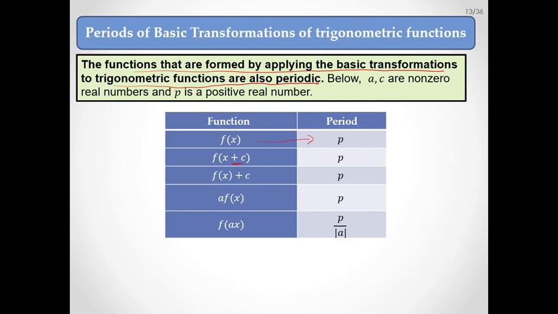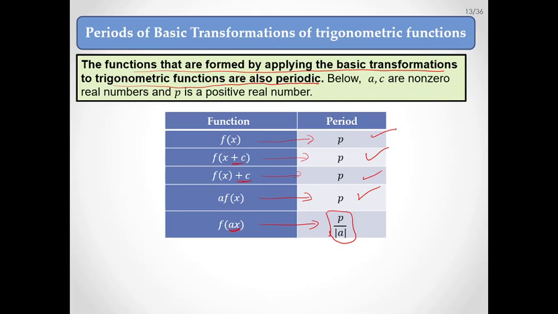You make a new function from it, but its period is again the same. Shifting it up or down, or adding c to the function, will not change the period. And multiplying the function with another constant will not change the period. No change here. But if you change the input to ax, then the period changes to p over the absolute value of a.